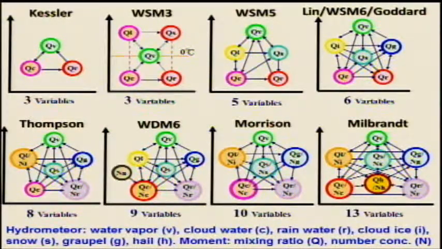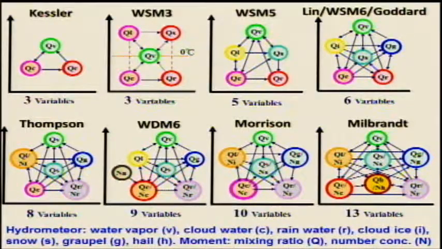Okay, and it gradually improved to include cloud ice and snow. But in WSM3, it's only divided by temperature. Above the height of 0 degrees C, there's only ice and snow. Below it, there's only cloud and rain.